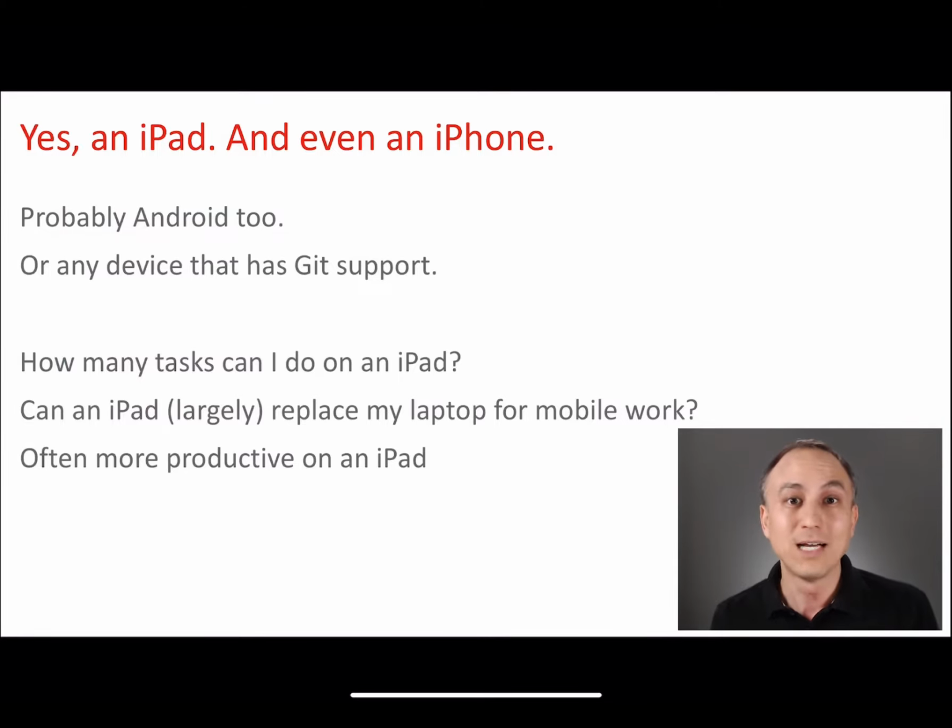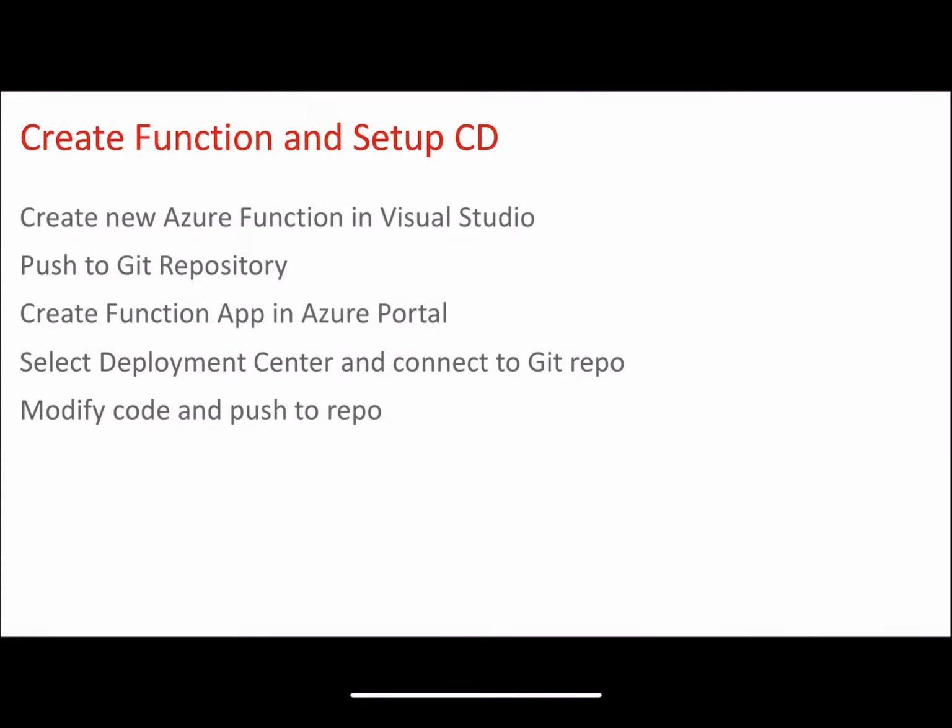So I thought, hey, let's see if I can code on my iPad. It was an interesting experience, and I'm about to show you what I found. So the first step in coding Azure Functions on an iPad is to create the base Azure Function project in Visual Studio. In theory, you could hand code this from scratch, but it's not worth it.